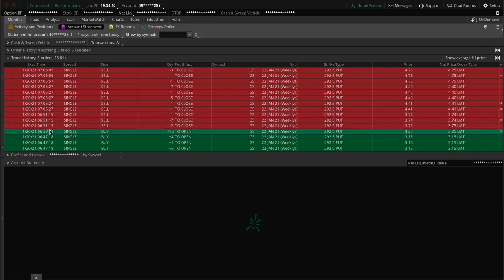Shortly after I got into it full size, I sold 10 of them for $375 each, which is a profit of around $500 that I locked in. Total, I had about a profit of $1,500 at that point. I decided to sell 1/3 of the trade, 10 contracts. I just locked in there, give myself a little bit of a cushion.